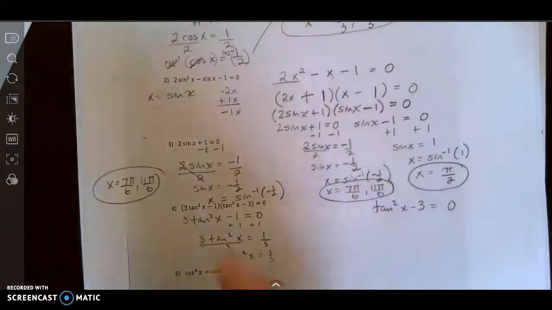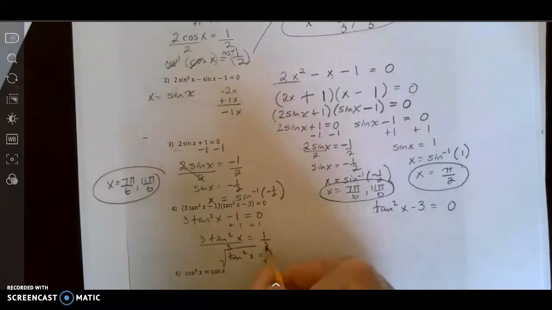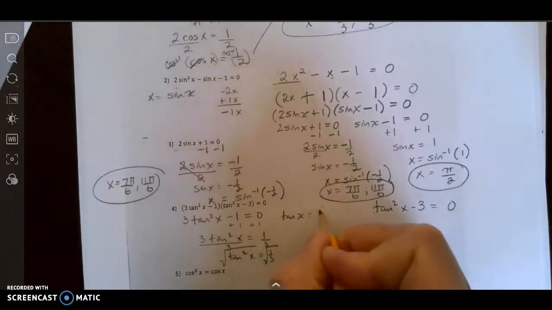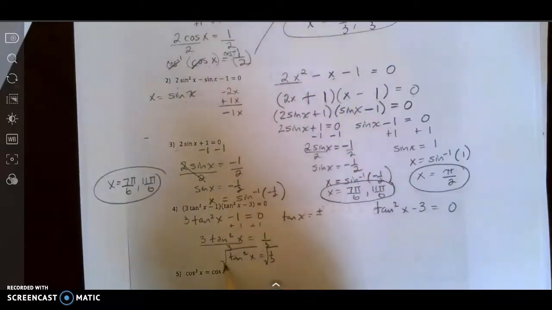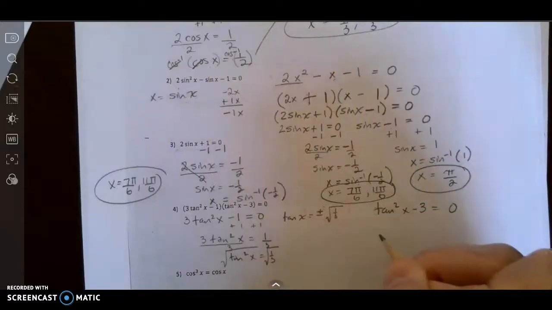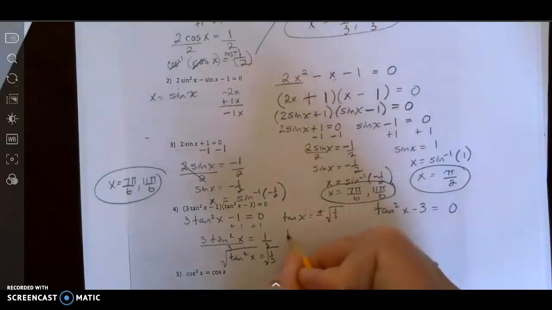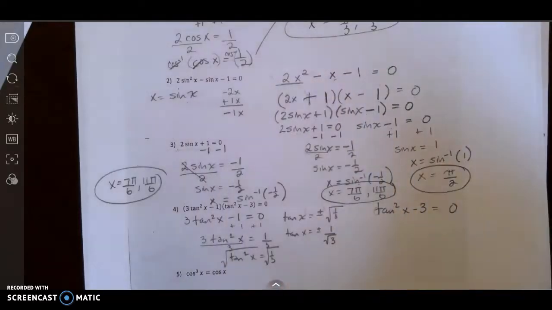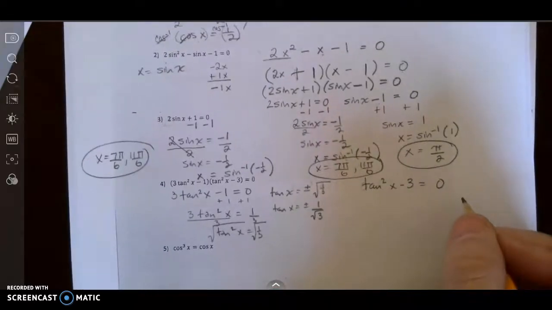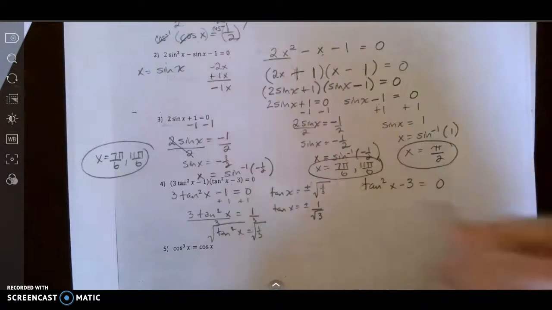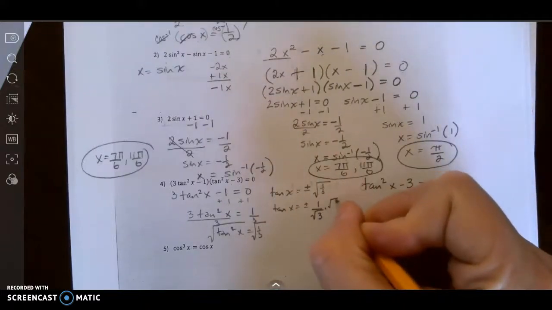So then I'm going to take the square root. So I get that the tangent of x equals plus or minus, because I put that square root in there, the square root of 1/3. Well, I know that the square root of 1 is 1, and the square root of 3 I don't know. I do need to rationalize this, because you can't have a radical in the denominator.